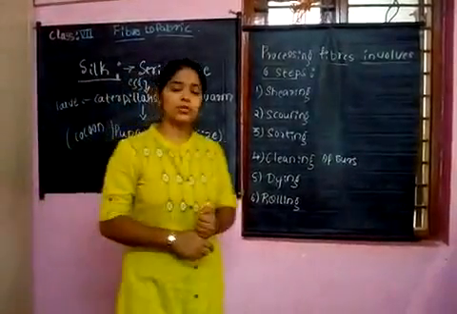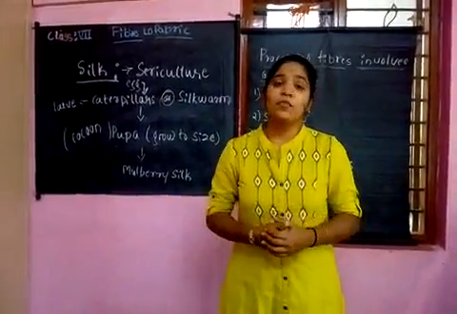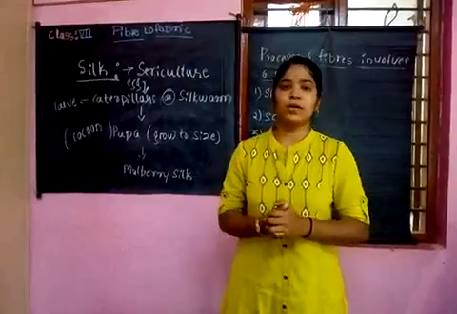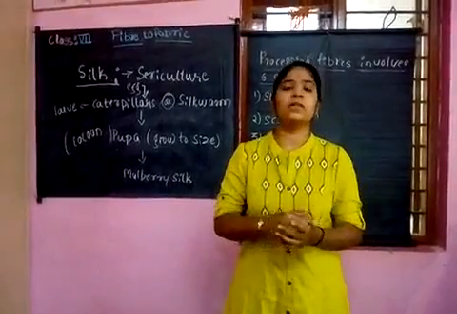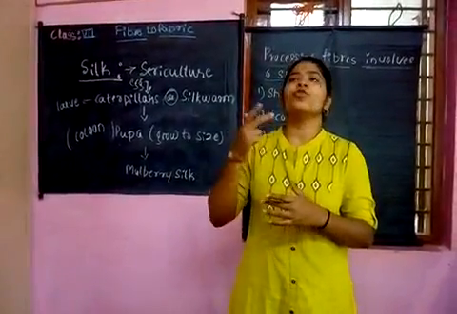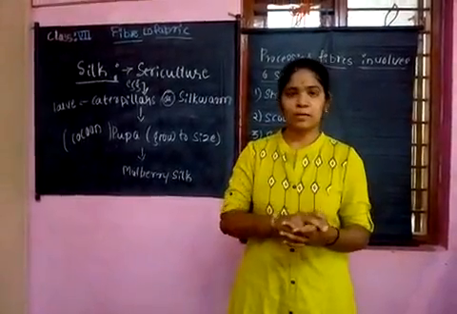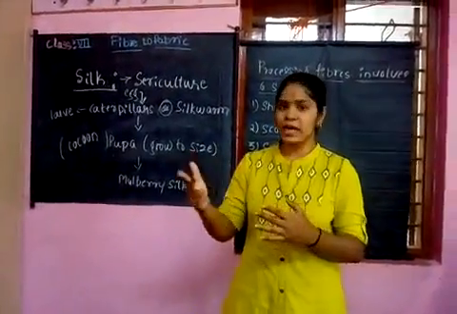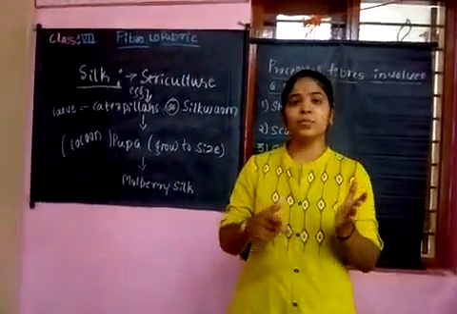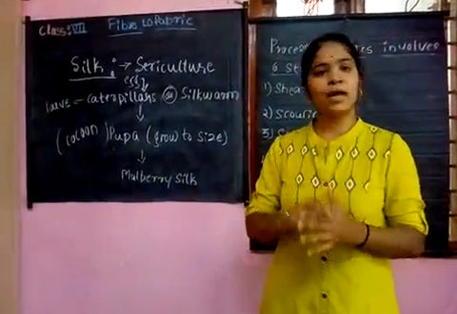They lay the eggs on mulberry leaves. Why do they choose mulberry leaves? Because the proteins required for producing the silk fiber are obtained from the mulberry leaves. Hence they choose the mulberry plant for laying the eggs. Okay, and this sericulture is done on mulberry plants only.